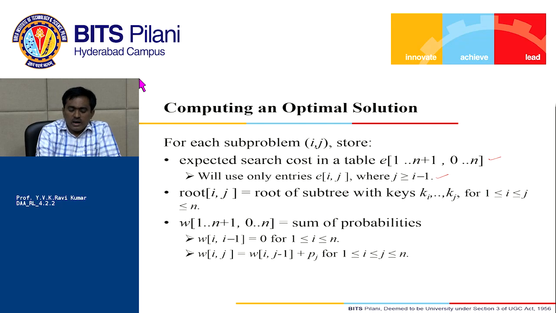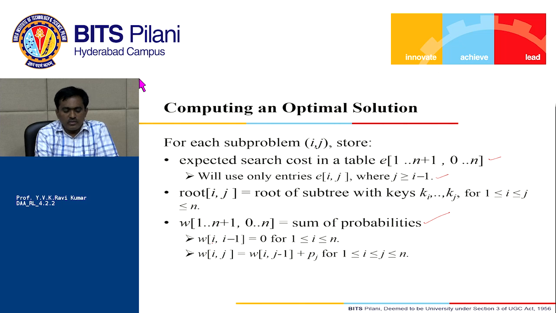Next, if root of i comma j is equal to root of subtree with keys k i plus 1 so on to k j, for every 1 less than or equal to i less than or equal to j less than or equal to n, then we'll find w, that is w of 1 to n plus 1, 0 to n, which gives the sum of the probabilities.